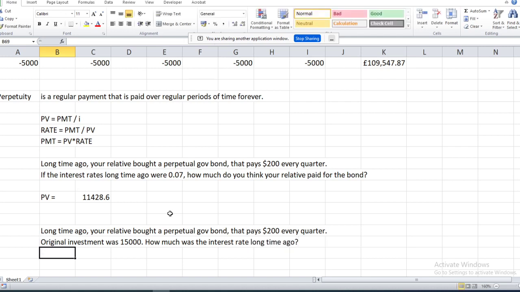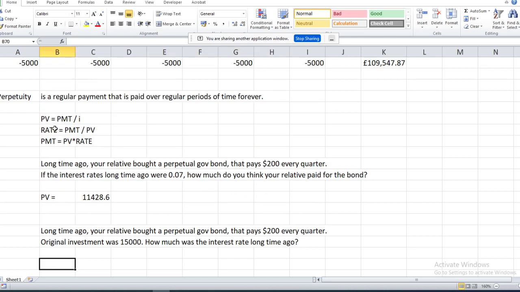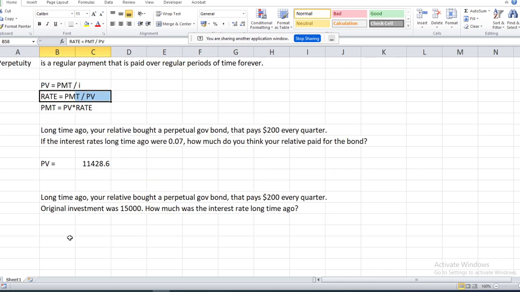So that's at the time of the purchase. We'll calculate the rate by dividing the regular payments by the original investment. So our rate equals the regular payments of 200 divided by the original investment, and we get something like 1.3%.